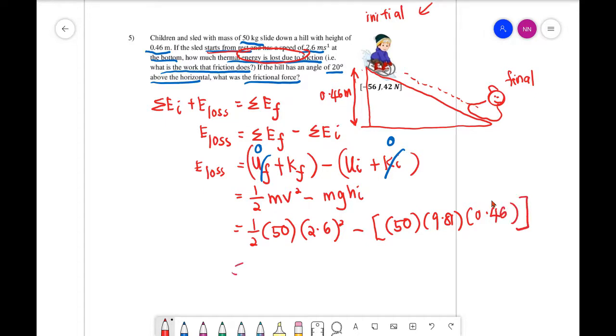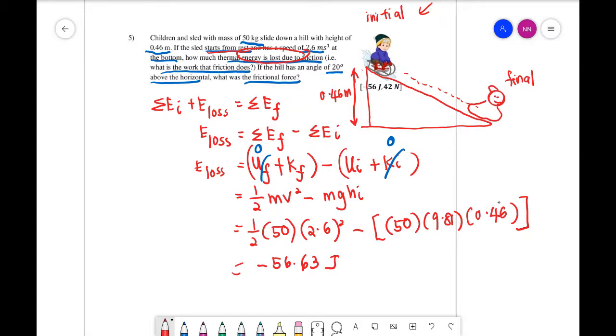So we get 0.5 times 50 times 2.6 squared, minus in brackets 50 times 9.81 times 0.46. We get negative 56.63 joule.